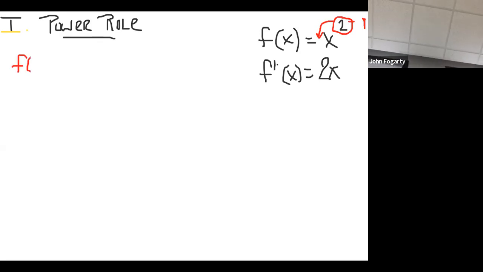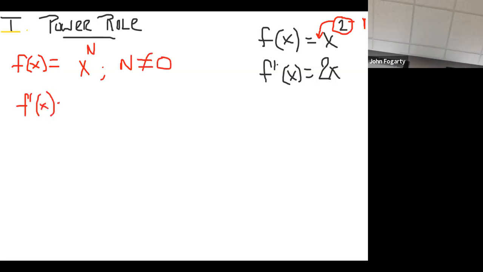If you have a function, f of x, which is x to some power n, as long as n is any number but 0, the derivative of that function is going to be n times x to the n minus 1.